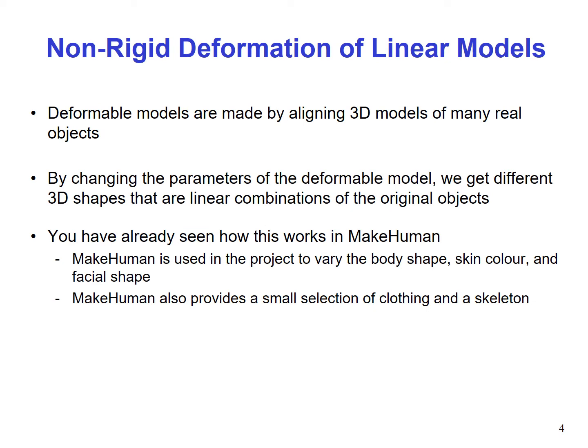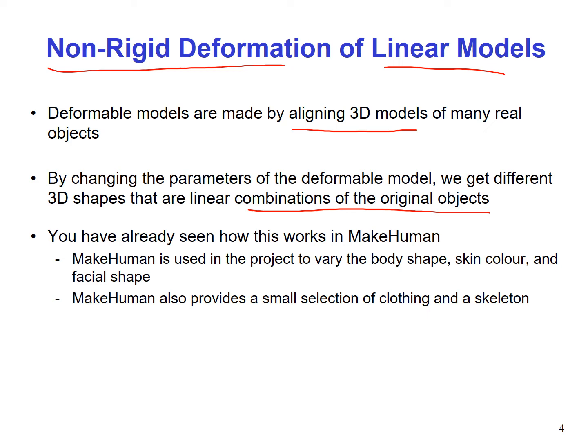The second method is non-rigid deformation of linear models. Deformable models are made by aligning 3D models of many real objects. By changing the parameters of the deformable model, we get different 3D shapes that are linear combinations of the original objects. So you're still in the linear space spanned by the original objects. You've already seen how this works in Make Human.